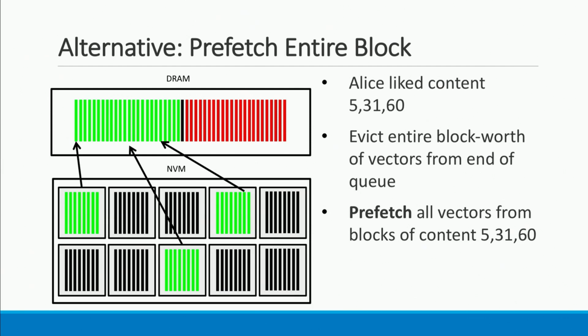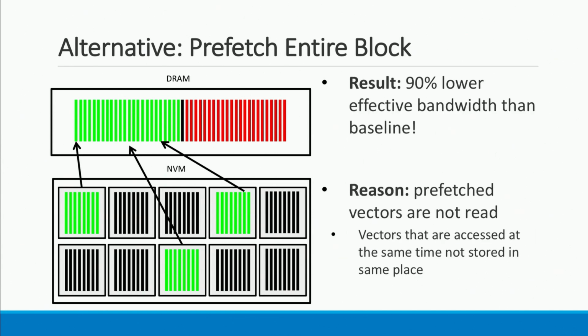And in theory, we get it for free because we have to read the entire block anyway. But unfortunately, this performed very badly and actually reduces the effective bandwidth by 90%. The reason is that most of these prefetched vectors are never read, and the only thing they do is to trigger the eviction of more useful vectors.